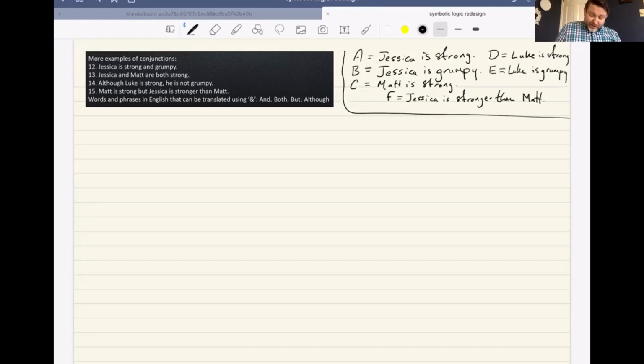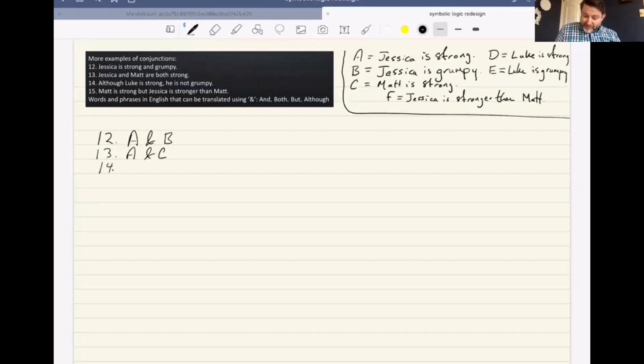But for now, if we want to translate these sentences, 12 would be A and B. 13 is Jessica and Matt are both strong. So for this one, we need A, Jessica is strong, and C, Matt is strong.